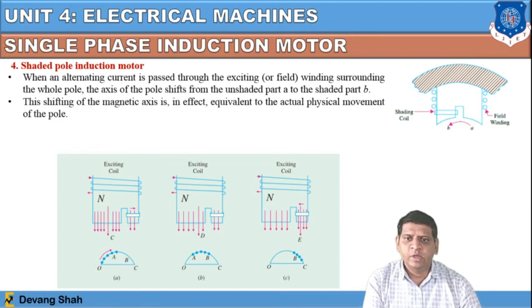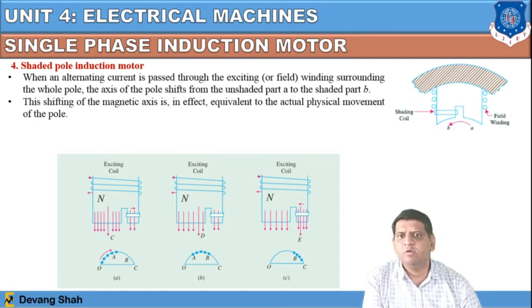So ultimately, throughout this operation there is a variation of the flux. There is a high value of flux, then later the flux is shifted towards the shaded part. This is the main objective of the shaded pole induction motor: because this flux is alternating, it provides the initial torque to the rotor.